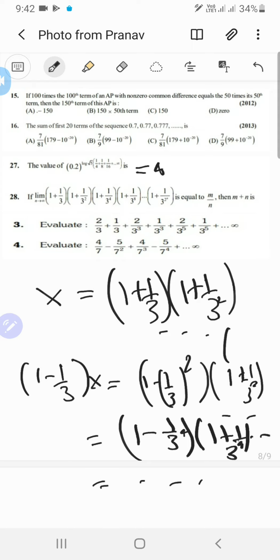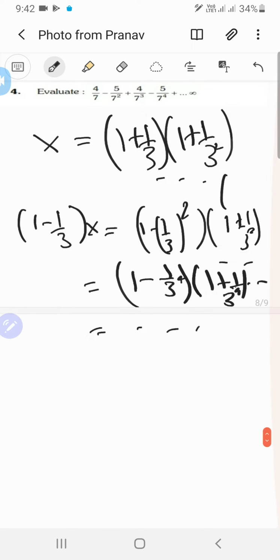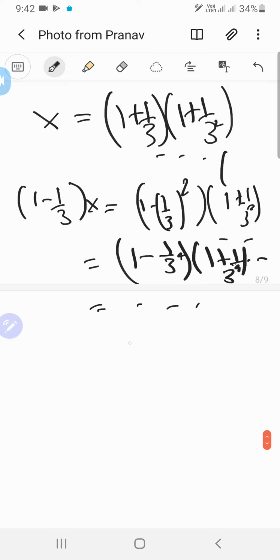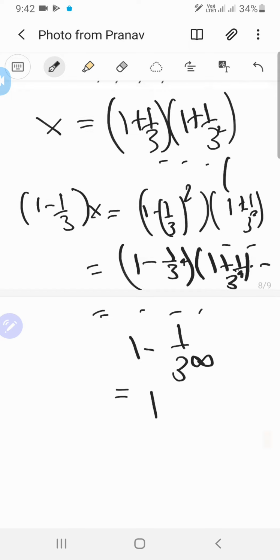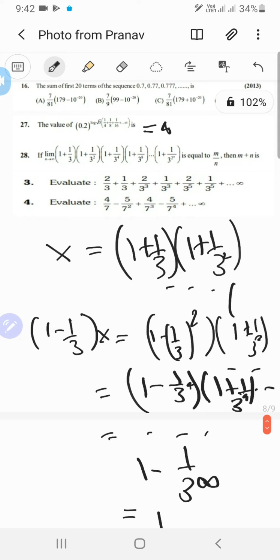It keeps going like that till eventually you get to 1 minus 1 by 3 raised to infinity, which is just going to be 1 itself.